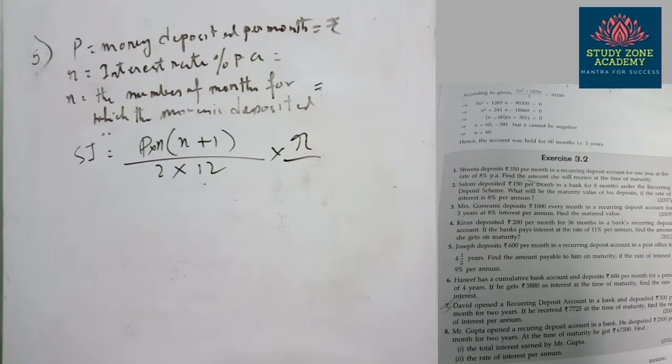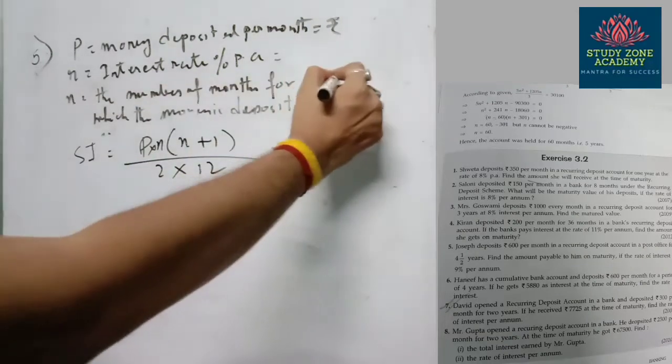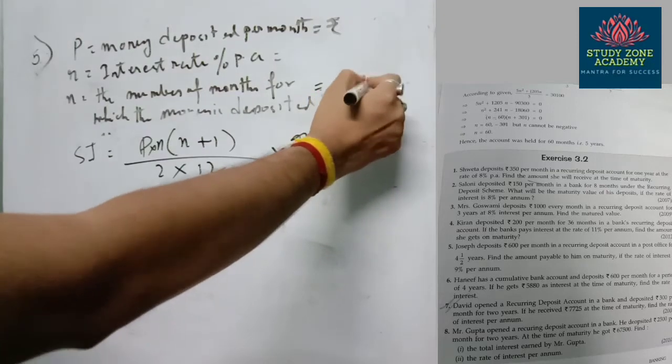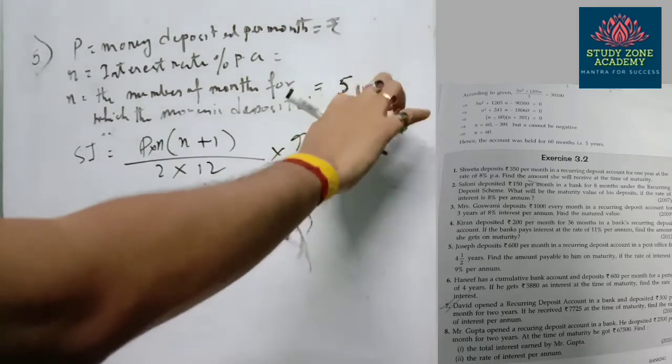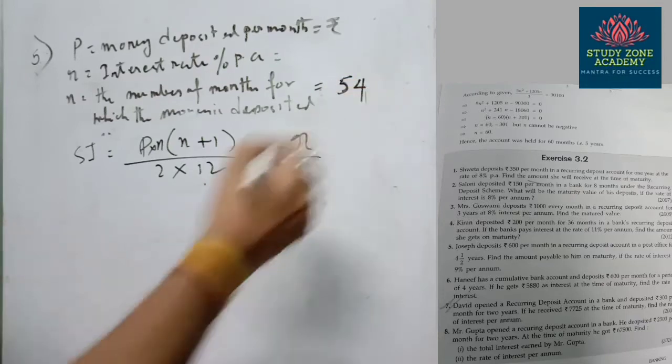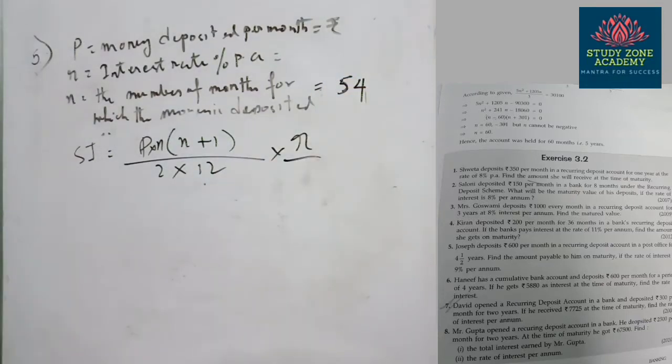Let me help you with this. 4.5 years means 4 years, obviously 48 months, plus half a year, 6 months, which is going to be 54 months. So in place of n, it is going to be 54. And the rest is the same. You will be able to do it by yourself.